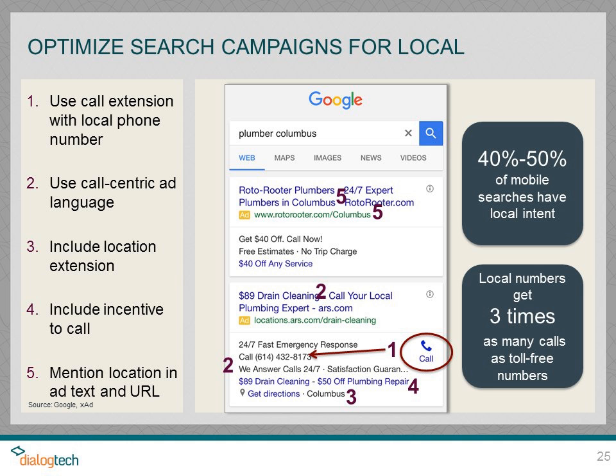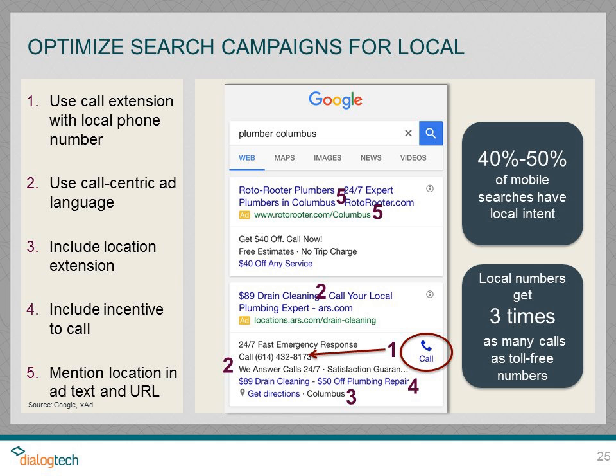So it's not just that most local searches are happening on mobile devices, but that a high percentage of mobile searches are actually local searches. You can see some ways you might want to optimize your paid search campaigns to take advantage of this tremendous amount of traffic.